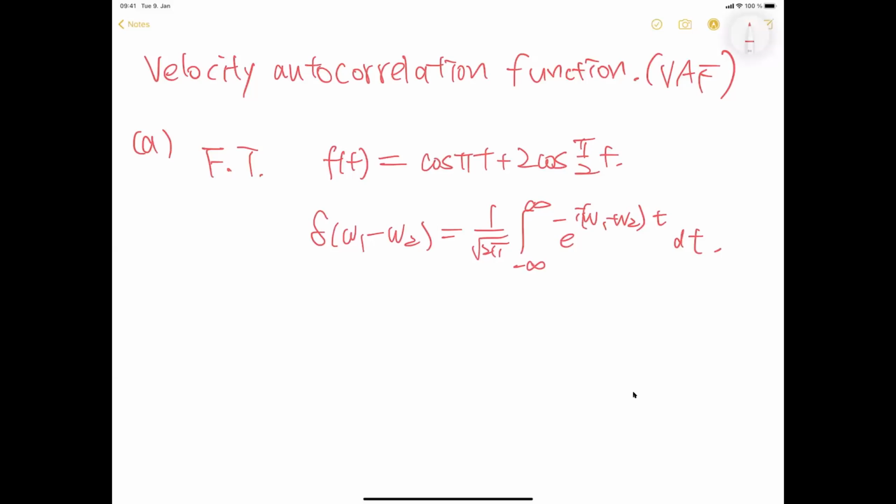Good. So now we perform the Fourier transform. The trick to do this is to rewrite all of these cosine functions in terms of exponentials. So we're going to use this formula.